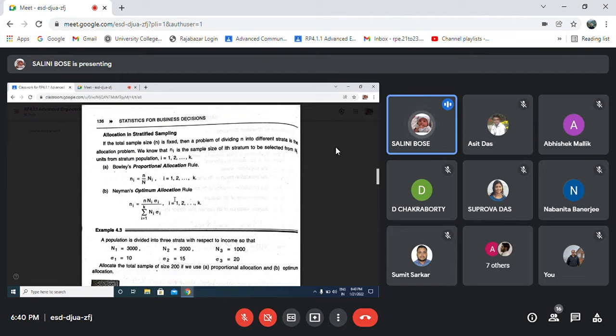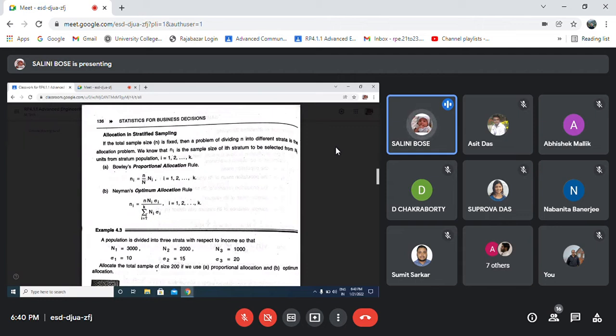And for the optimum allocation rule, the sample size of a stratum will be equal to small n, the sample size, times capital N i, where i means the ith stratum, times sigma i, the standard deviation of the stratum, divided by the summation from 1 to k of N i into sigma i, where there are k strata starting from 1 to k.